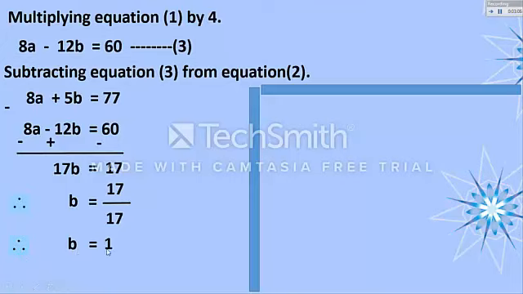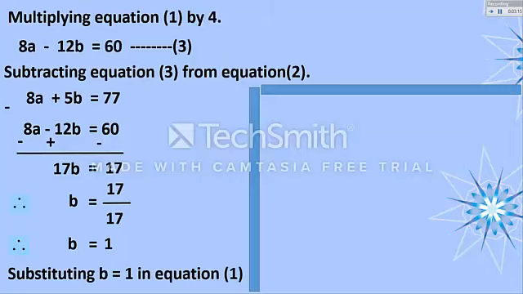This value of b we substitute in equation 1 or 2. Substituting b is equal to 1 in equation 1, that is 2a minus 3b is equal to 15. In place of b we write the value.